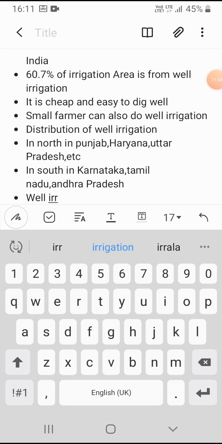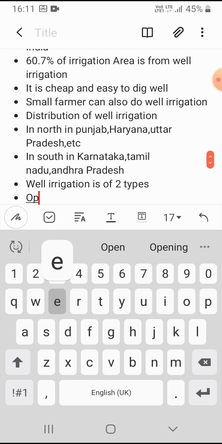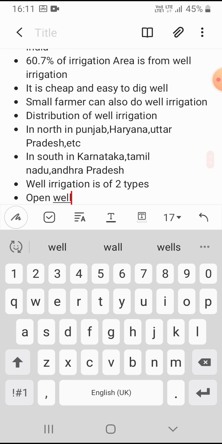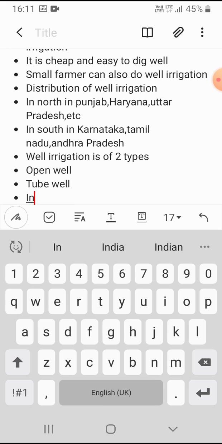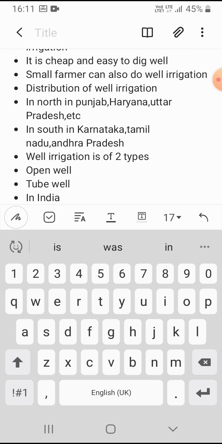Well irrigation is of two types: open well and tube well. In India, tube well is mostly used.